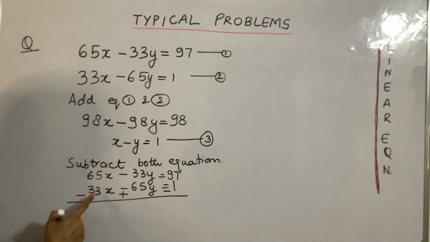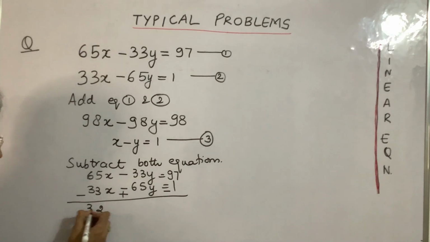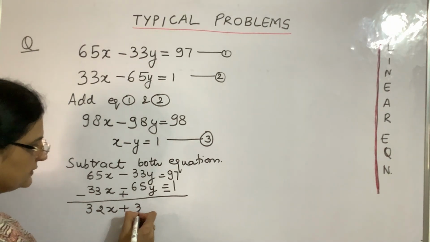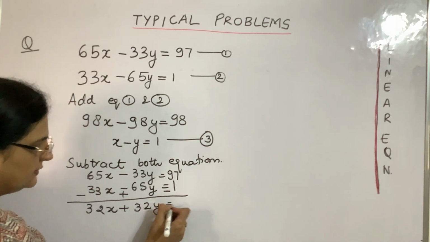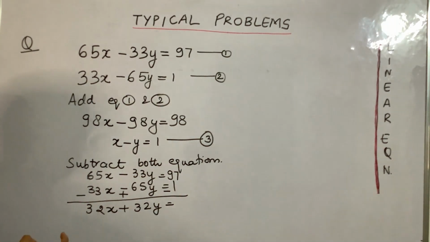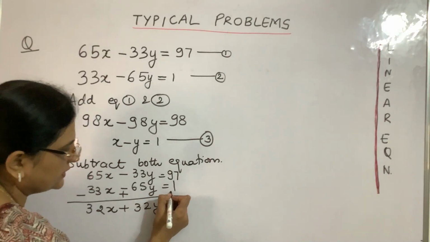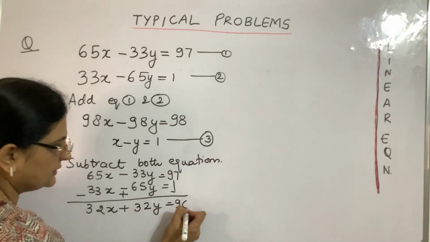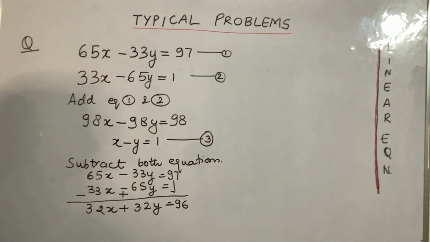So what do you get over here when you subtract? You get 32x plus 32y is equal to, this is the minus sign out here, so when you subtract, this becomes 96.